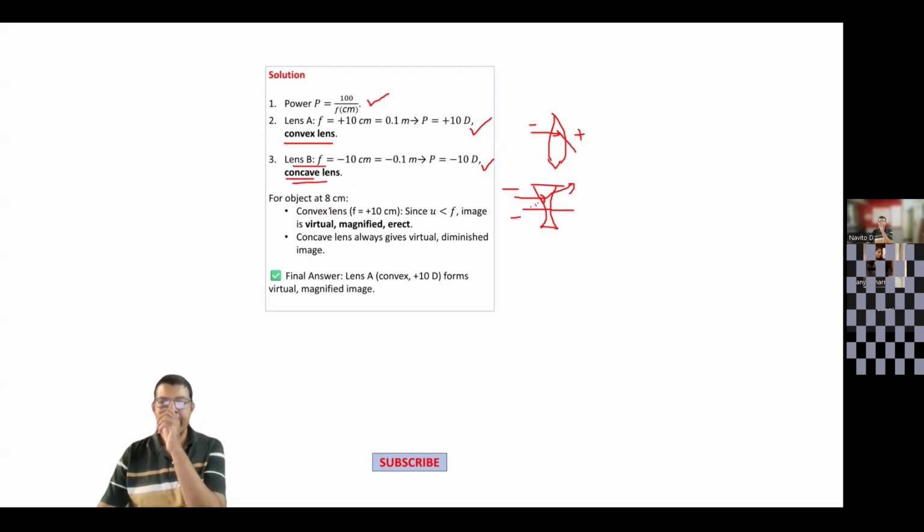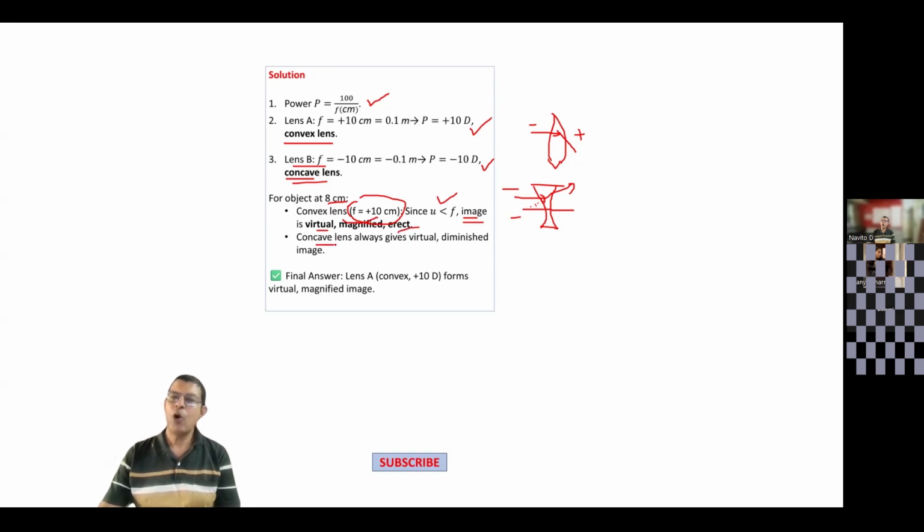Now for an object at 8 centimeters, it is in between the optical center and focal point. For a convex lens, if the object is between the optical center and focal point, the object distance is less than focal length, so the image will be magnified, erect and virtual.